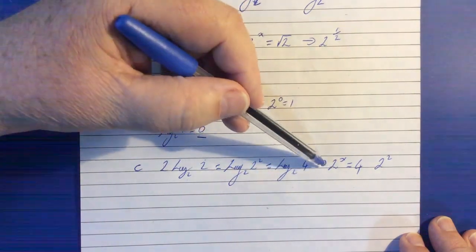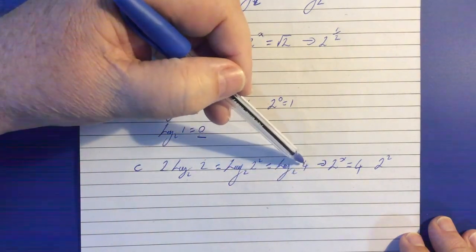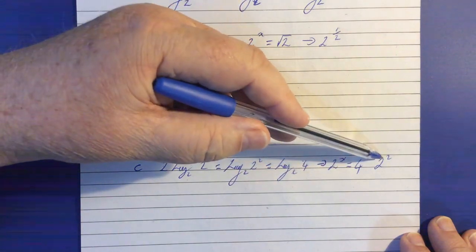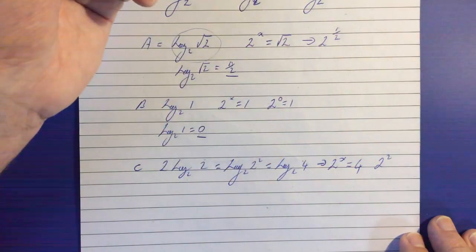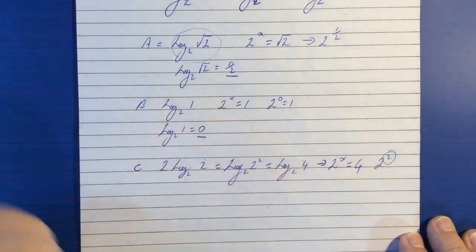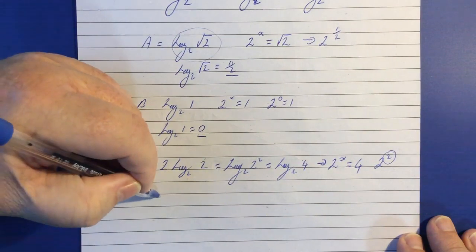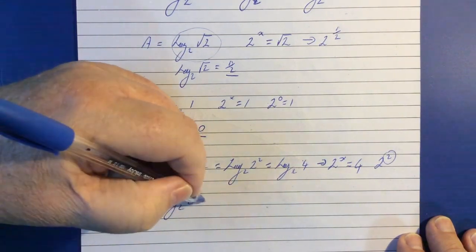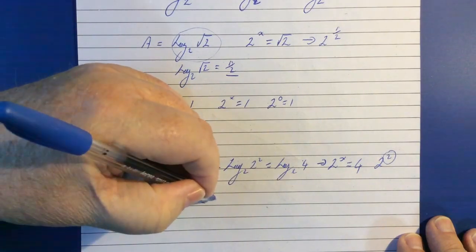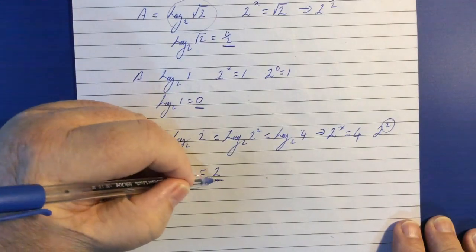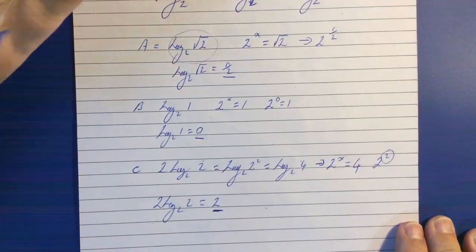So the question becomes 2 to what power is equal to that number? 2 to the power of 2 is equal to 4. And so we're looking for that number. 2 log base 2 of 2 is equal to 2. Okay, so that's the value we're after.